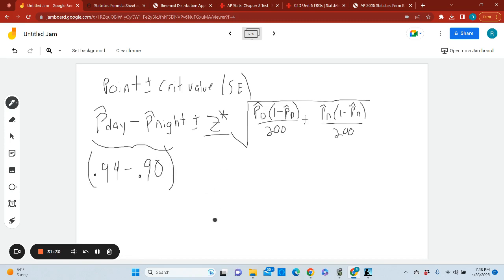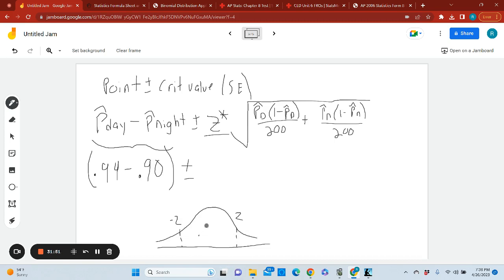Plus or minus, they want the critical value for a 96% confidence interval. That's again inverse norm. If I'm dealing with the middle 96, this is a negative z-score, this is a positive z-score.